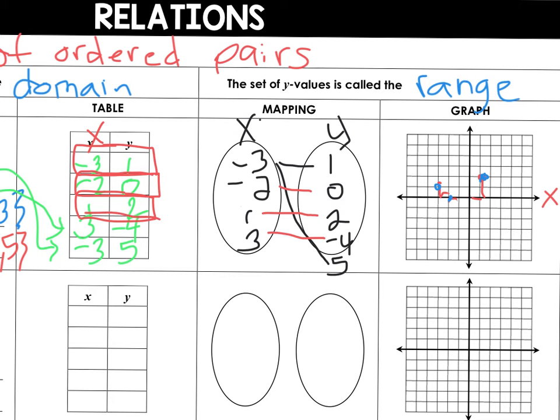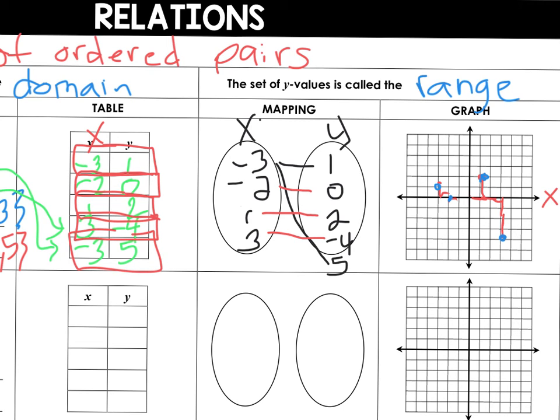And now we're going to do 3, -4. So do we go to the right? We do. So 1, 2, 3. And then -4, we go down 4, right? So 1, 2, 3, 4. And we put our point right there. And then our last ordered pair is -3, 5.